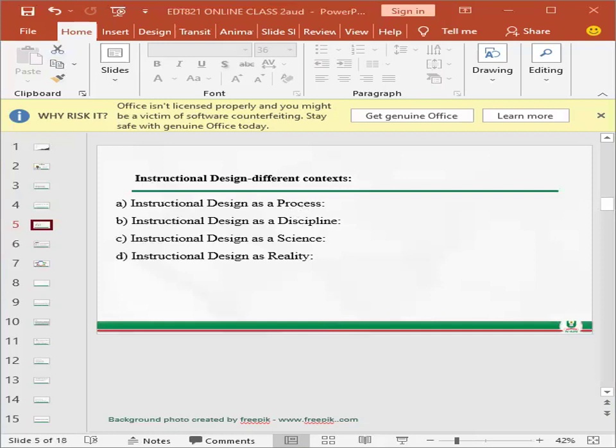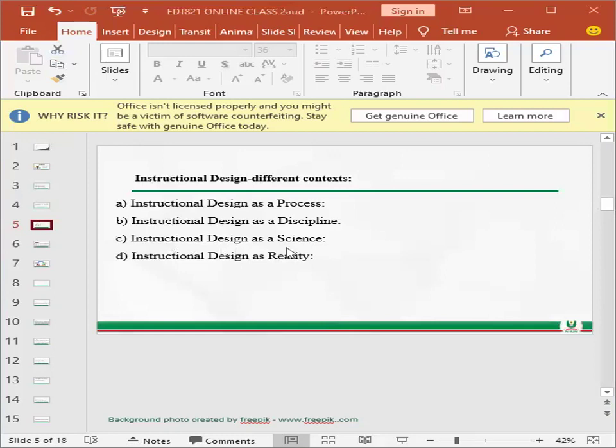Also, we have instructional design as a discipline. Instructional design here is that branch of knowledge concerned with research and theory about instructional strategies and the process for developing and implementing those strategies. That is instructional design as a discipline, like every other discipline.